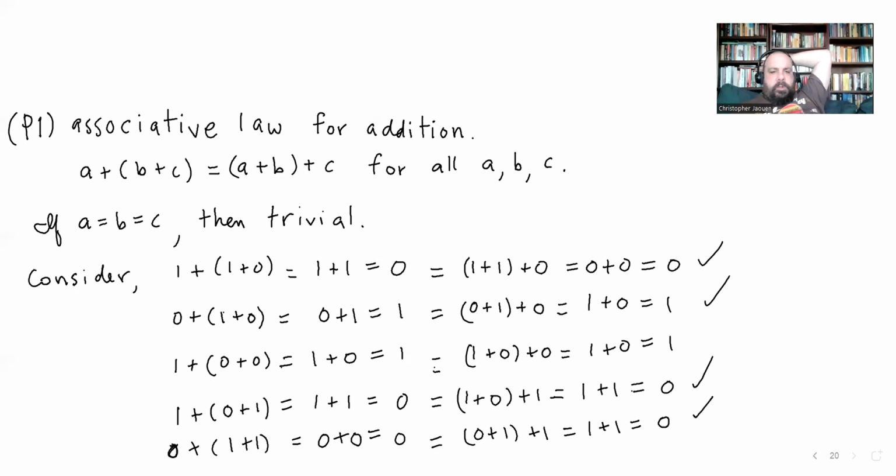Okay, and let's see, what else am I missing? We have 1, 2, 3, 4, 5, 6, 7. I need one more. Need another one with a 0 in front. What didn't I do? Oh, sorry, I did 1 plus 0, and I did 1 plus 1. So 0 plus 1 I have to do.